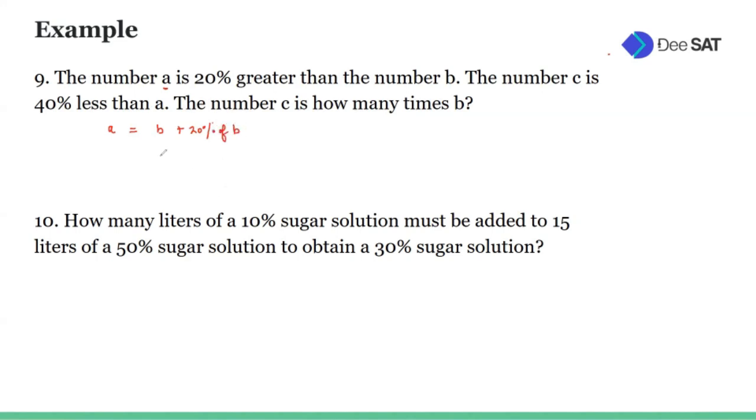The number C is 40% less than A. So C is nothing but 40% less of A. That means A minus 40% of A. That is the basic constraint given. And we need to find how many times B the number C is. More or less, we need to find the variation of C divided by B. How many times?